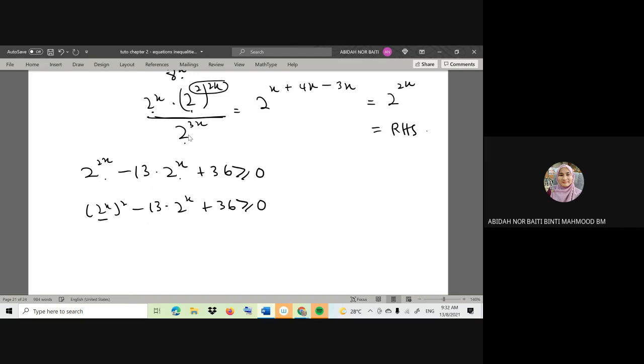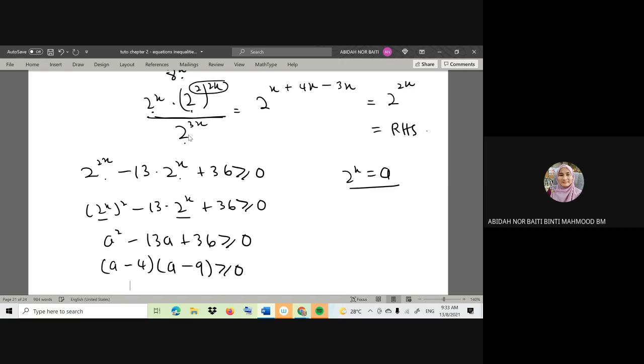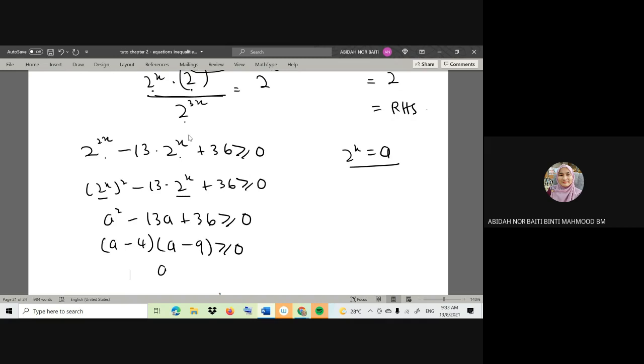Nampak ni sama. So kalau sama, 2^x equal to a ya, buat assumption. So a squared minus 13a plus 36 greater than or equal to 0. Okay, then we factorize ya. 4 and 9, minus, greater than or equal to 0. Therefore your a is 4, a is 9.